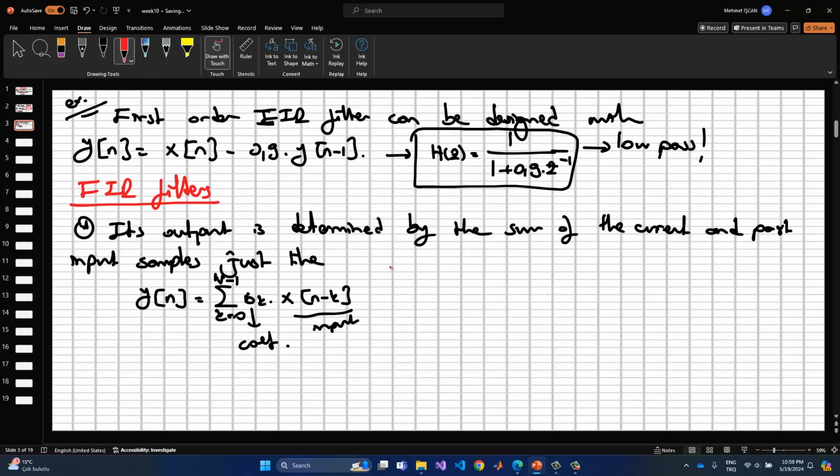In the Z domain, H(z) = sum from k = 0 to N-1 of b_k z^-k.